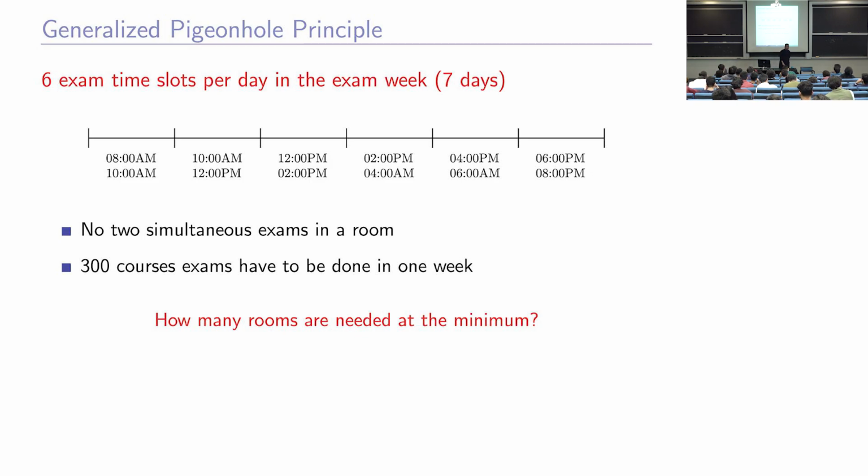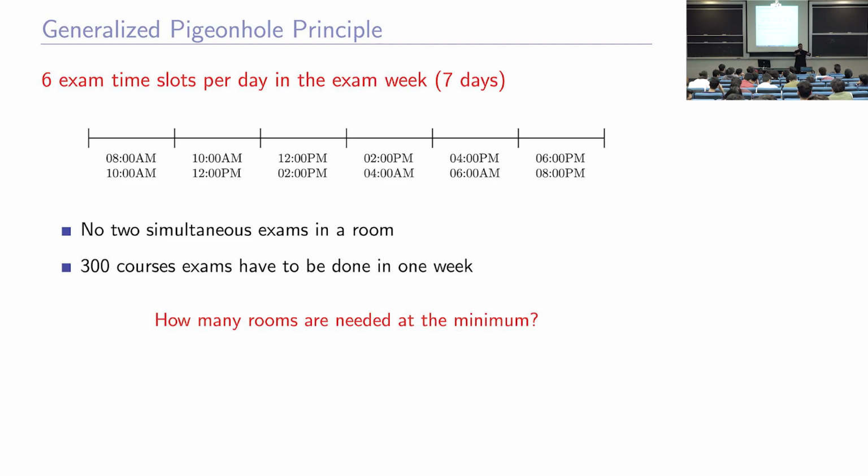Okay? At most 42 exams can be scheduled. If I have 2 rooms, at most 84 exams can be scheduled. If I have 3 rooms, at most 42 times 3 exams can be scheduled.